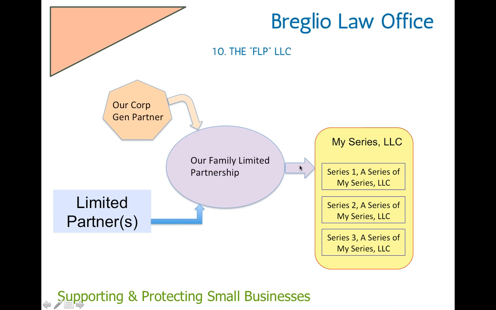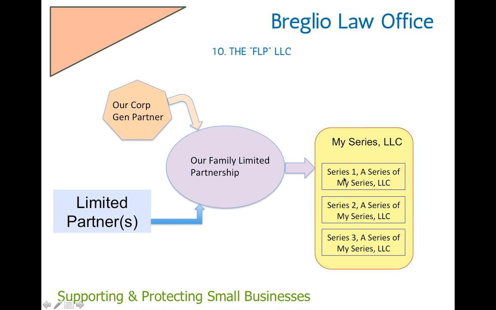Hopefully you can see my cursor, because that's what I'm using to show things on the screen. So you could have the husband be the general partner. And as long as this family limited partnership doesn't do anything itself to have liability, then I'm okay with that.